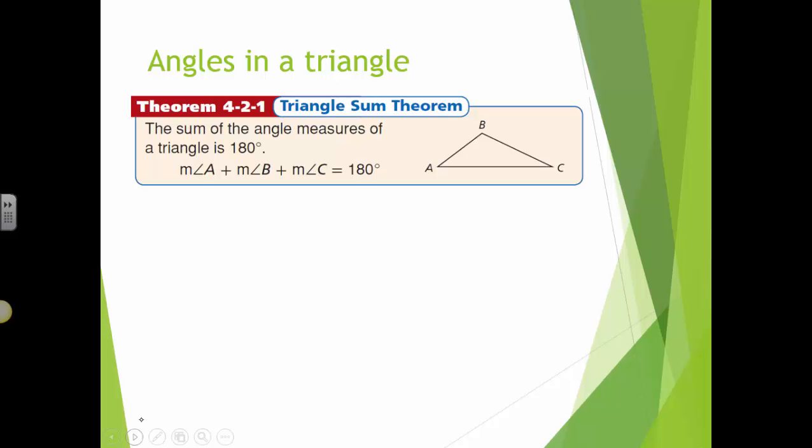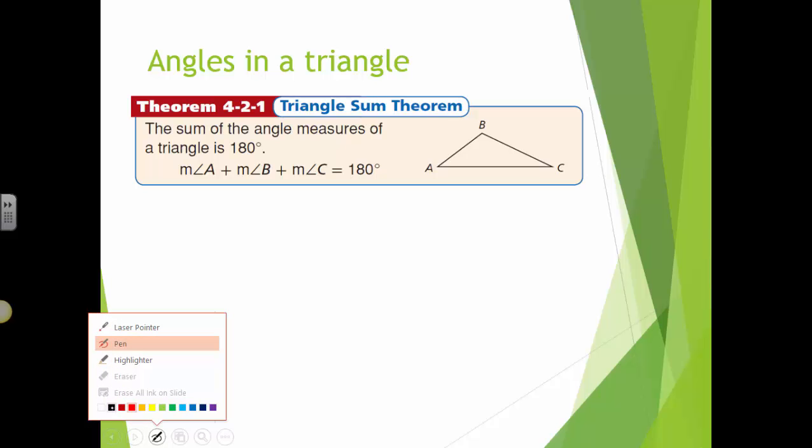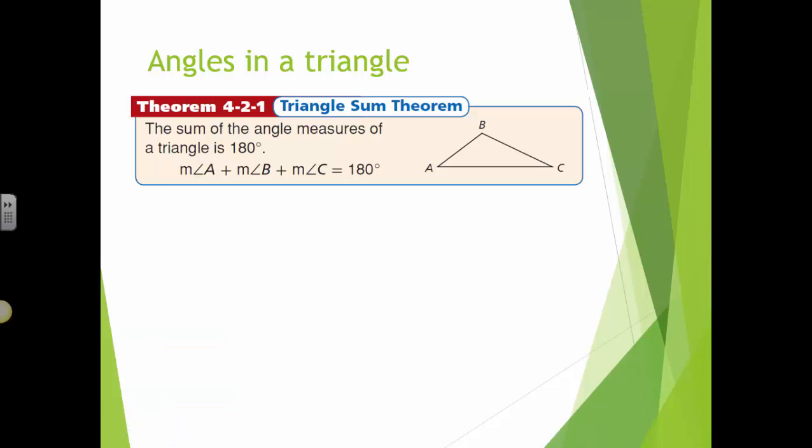All right, so the first theorem that we're going to tackle right away is the triangle sum theorem. It's something that you are probably already familiar with. It simply says that the sum of the angles in a triangle is 180 degrees.